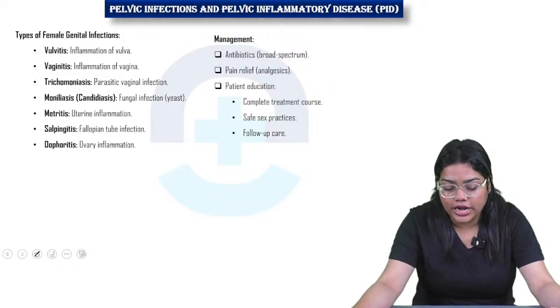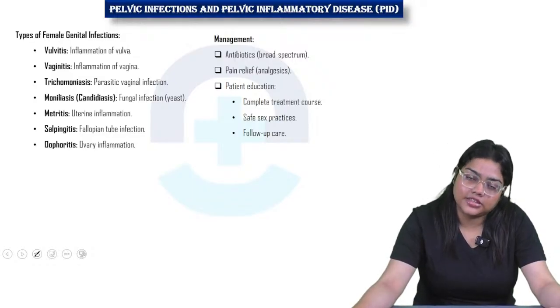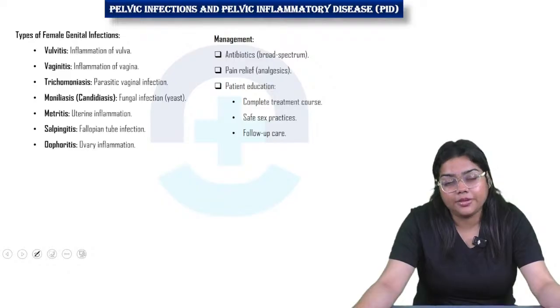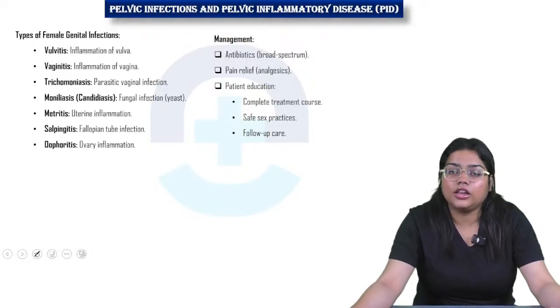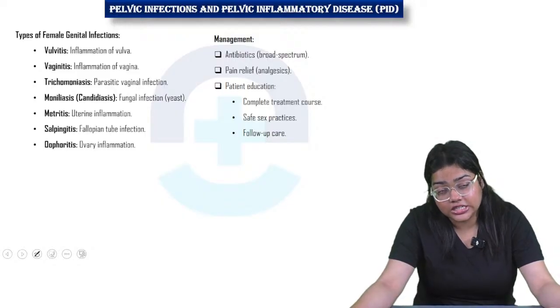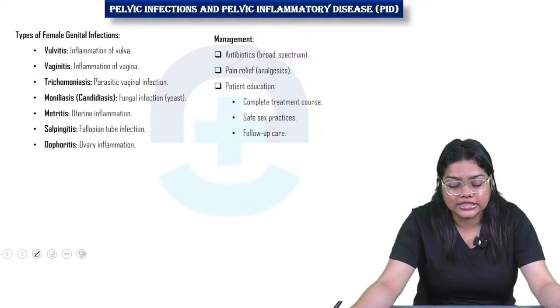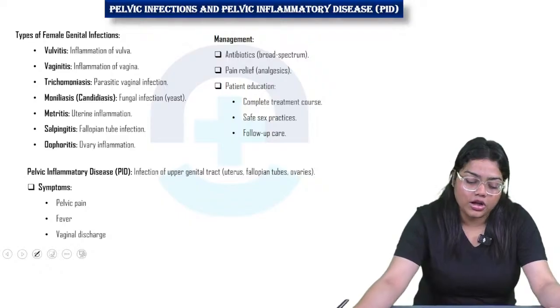The management includes antibiotic treatment for broad spectrum disease, antiviral, fungal and antiparasitic treatment, and creams for the bacterial, fungal and parasitic infections. Patient education is very much needed regarding sex education, where we have to complete the course of treatment, safe sex practices and follow-up care.